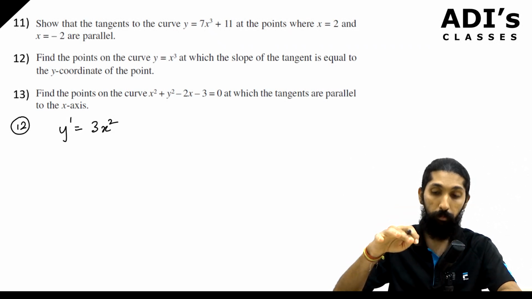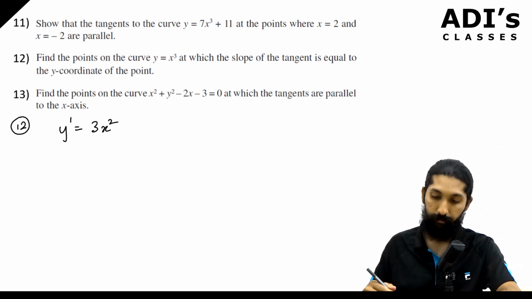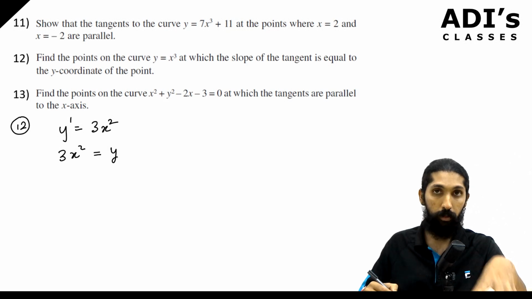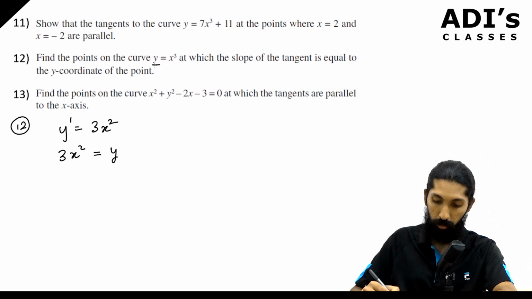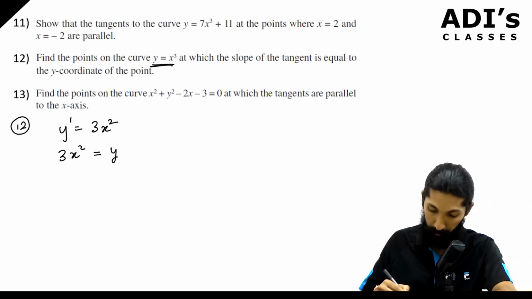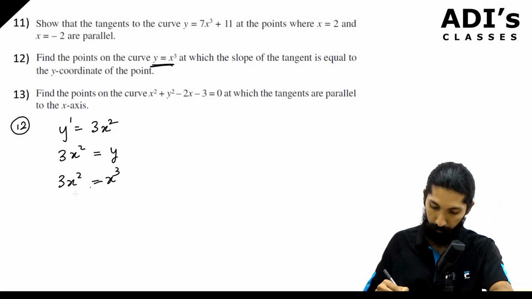Now the slope is equal to the y coordinate of the point, correct? Now 3x square is the y dash value. This value is equal to y, the y coordinate of the point, right? But what is y? y is equal to x cube. Substitute y as x cube. That means you get 3x square is equal to x cube. Cancel. The x value is 3.